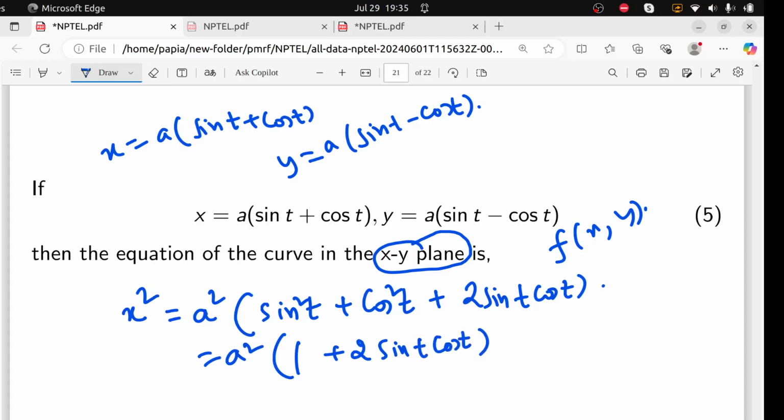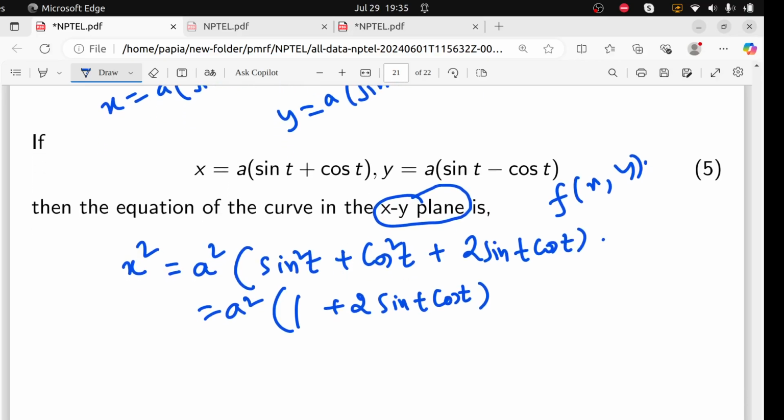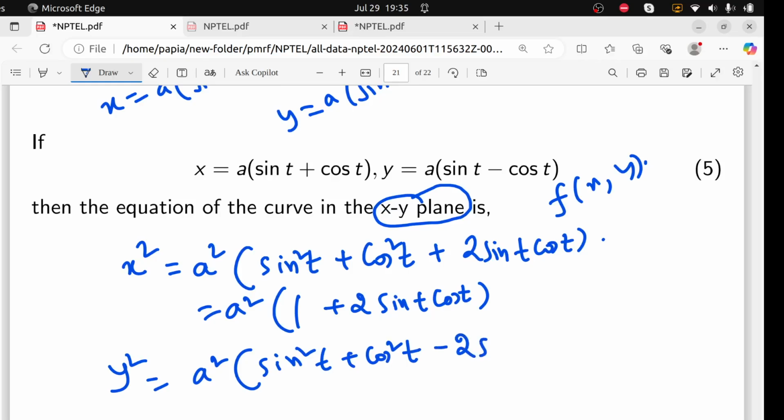Very good. Again, now let me write here y square. Now you can see for x square, the t is also there. I can't eliminate t with the help of x square only. Now coming to y square. y square is a square (sin square t plus cos square t minus 2 sin t cos t).